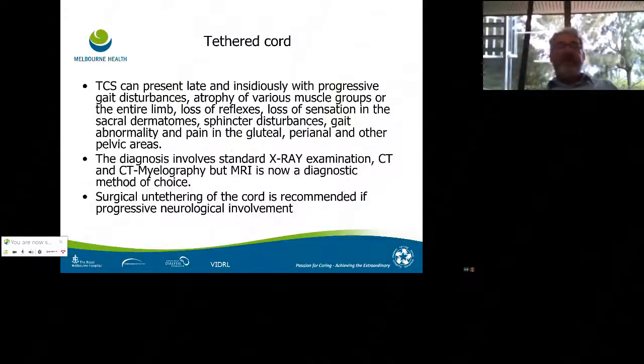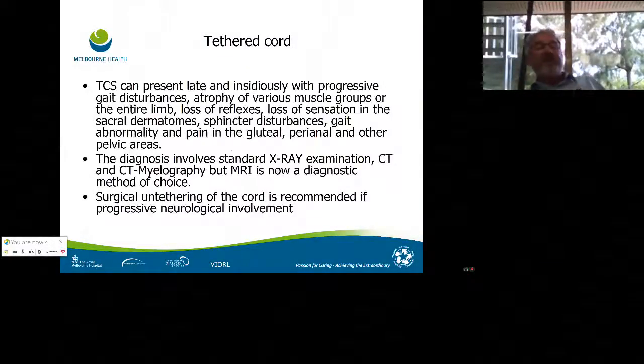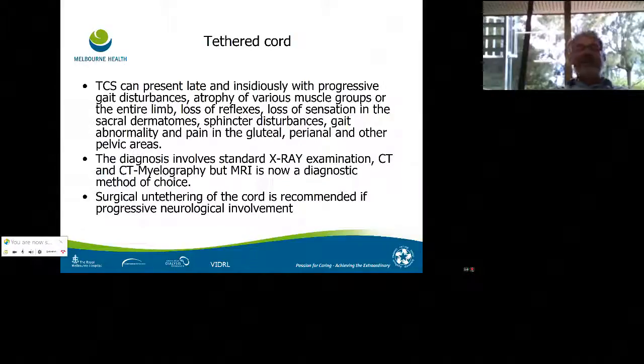It can present late and insidiously with progressive gait disturbance, muscle atrophy in either certain muscle groups or in the whole of the lower limb. There can be neurological changes in terms of loss of reflexes, but that is often difficult to judge, as reflexes are not present in the first place.